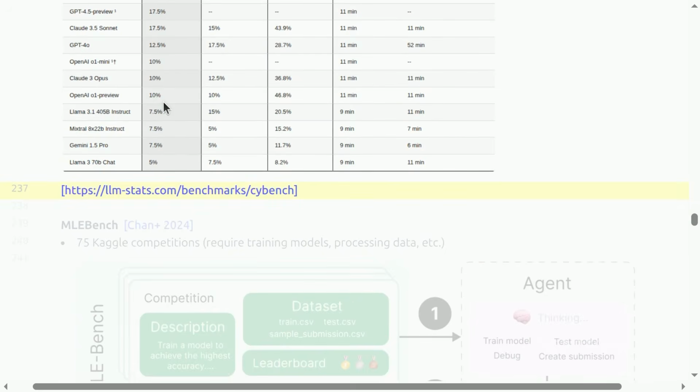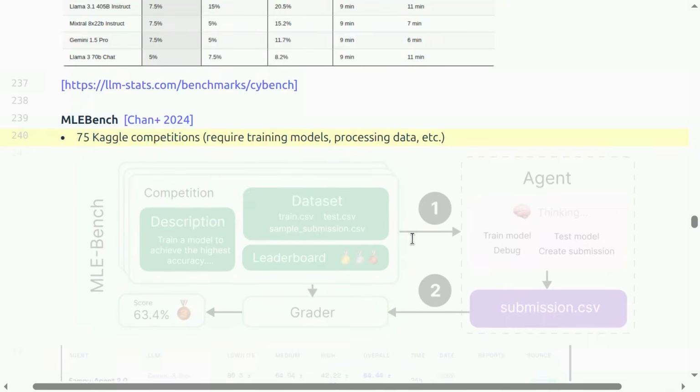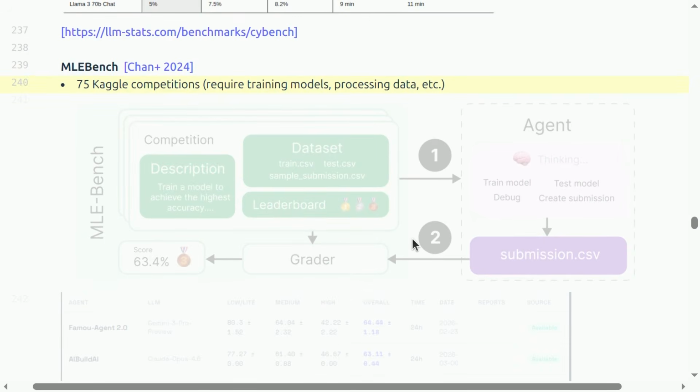So that's Cybench. There's another class of problems, which is MLE engineering. This benchmark has a bunch of Kaggle competitions which involve processing data, training models, and so forth.